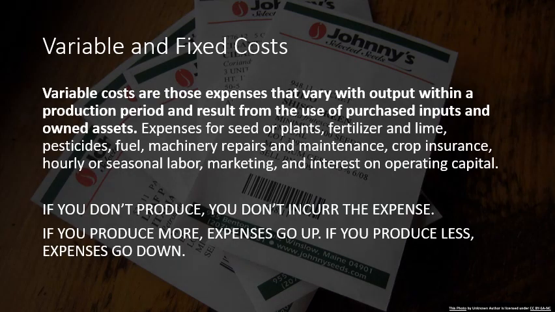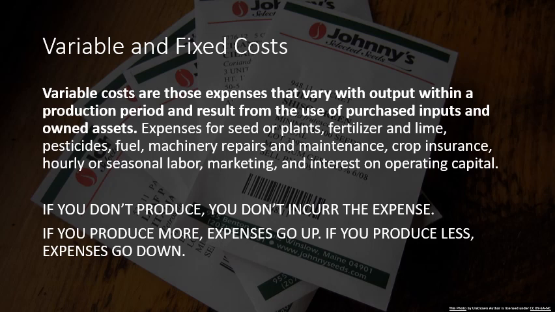So it's also very important to understand the difference between variable and fixed costs, because that will play in later on to how you use some of this budget information when you are actually going out and trying to market your crop. Variable costs are those expenses that vary with the output within a production period.